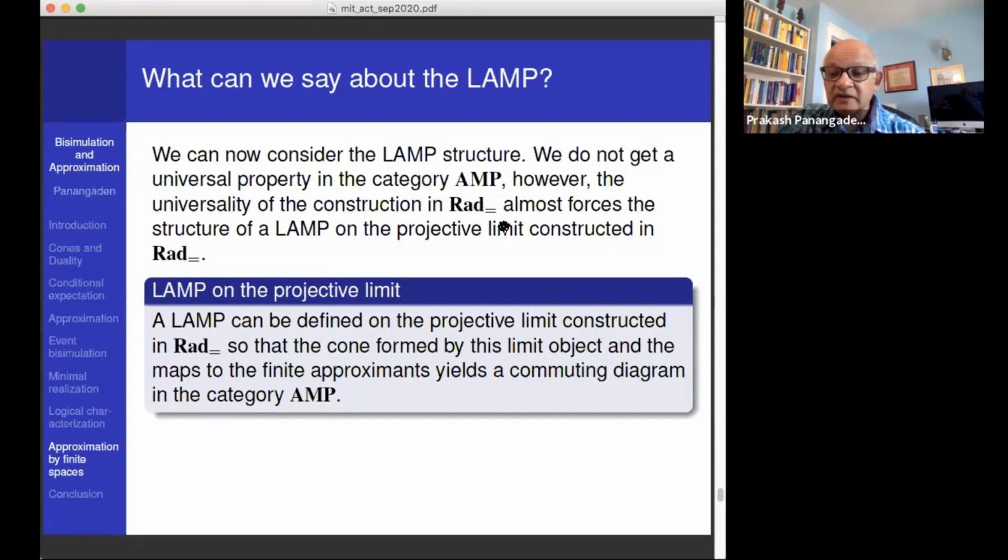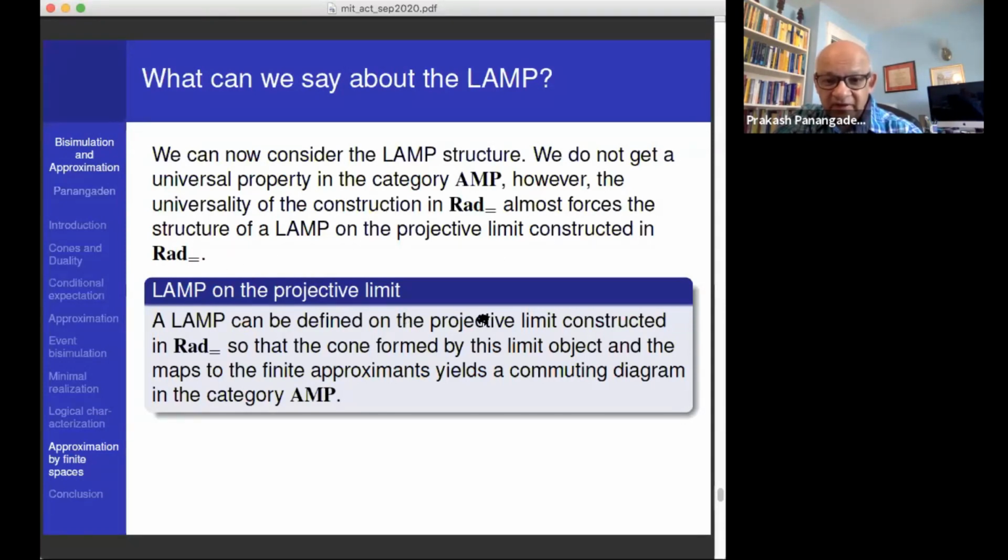We can now consider, how do we put abstract Markov process structure on it? We don't get a universal property in the category of abstract Markov processes. Actually, we might, we just haven't succeeded in proving that. However, the universality of the construction in Rad equals almost forces the structure on the projective limit constructed in Rad equals.